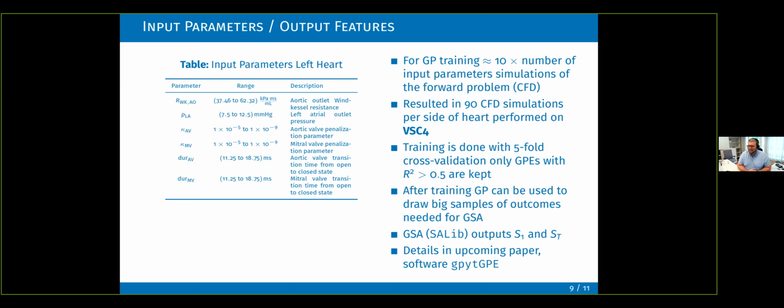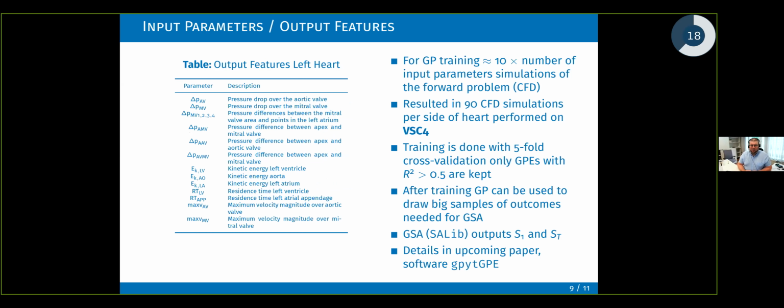So we did 90 simulations per side of the heart for training the GP, and then we draw around 10,000 samples out of this GP to do the GSA, which uses SALib. All of this together is summarized in a very recommendable software by my colleague Stefano Longobardi, GPE, that was also used in a talk the day before by my colleague Federica.